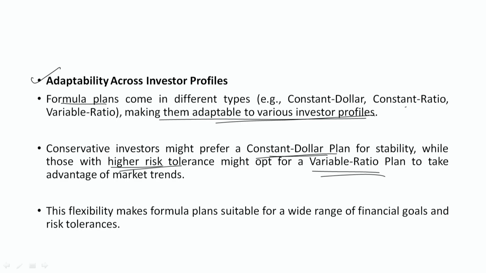And the flexibility makes the formula plan suitable for a wide range of financial goals, because at the end of the day, if you have a diversified portfolio and in the long run you want to take a return, this is a disciplined way of making money out of it.